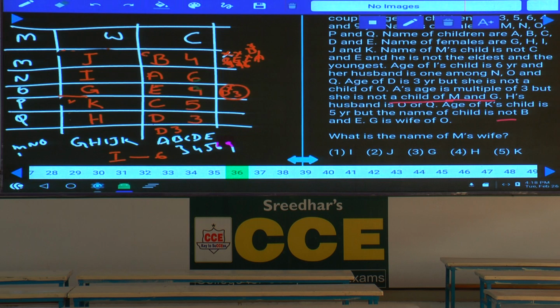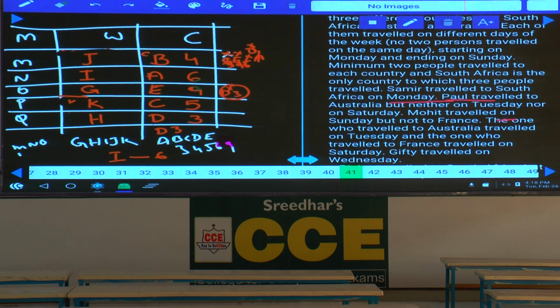Then we are left with 41 to 50. Now question numbers 41 to 45. Done with this, completed? Any doubts in these 5? 46 to 50? Clear these two?